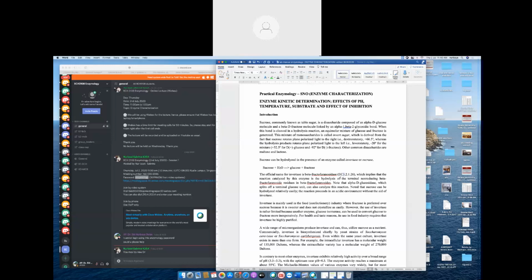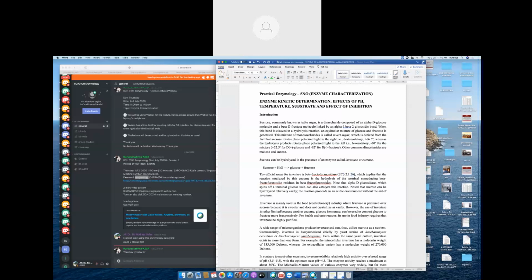Oxidoreductases start with number 1, and for hydrolysis, it starts with number 3. So for sucrase, it starts with 3 and then the subclasses 2, 1, and 26.